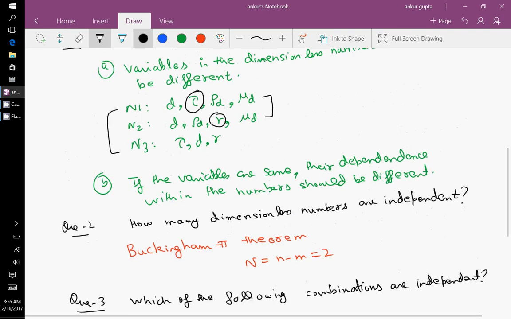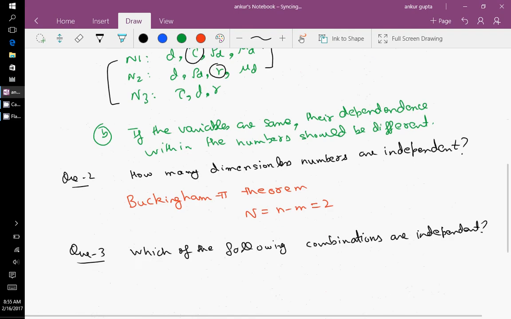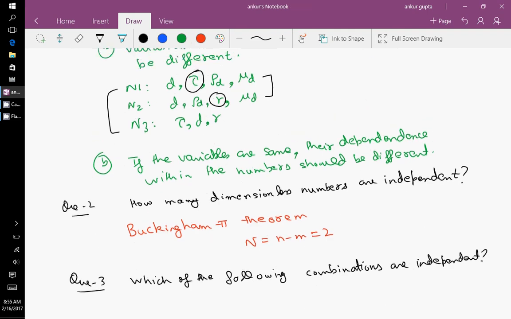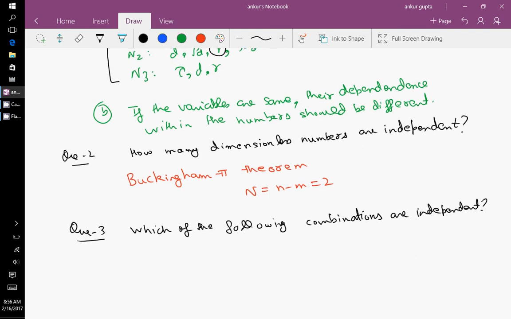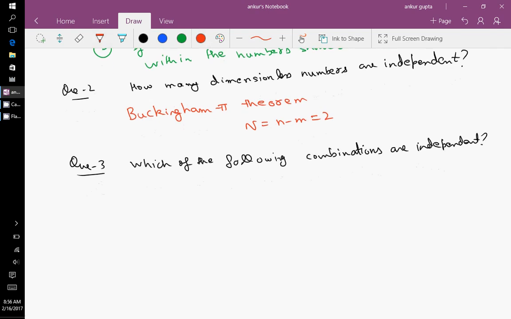Again, we have discussed the functional form of n1, n2, and n3, and that n1, n2, and n3 have different variables, and if we take two of them at a time, they are independent from each other, and only two of them can be independent using the Buckingham Pi theorem. So now this is an interesting problem. I will give you simple combinations, and we will try to find if they are independent or not. The first combination is n1, n2, n3. Can all these numbers be independent from each other? They cannot be, because only two of them can be independent using the Buckingham Pi theorem.